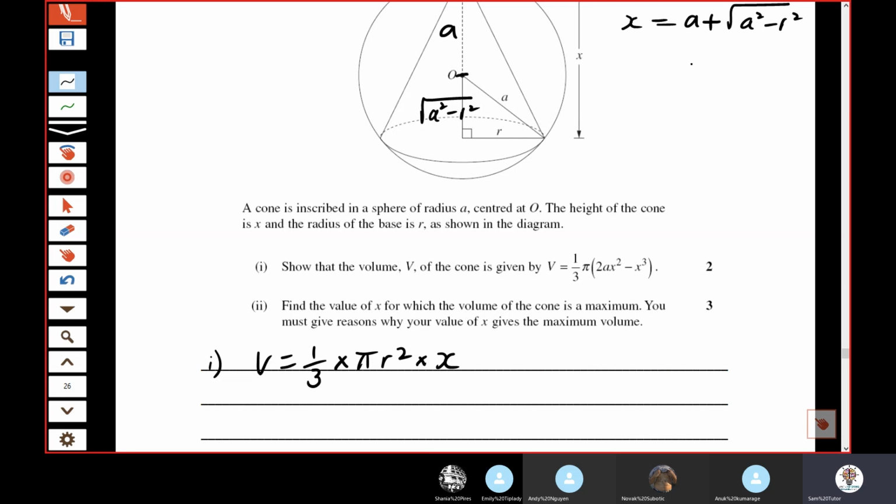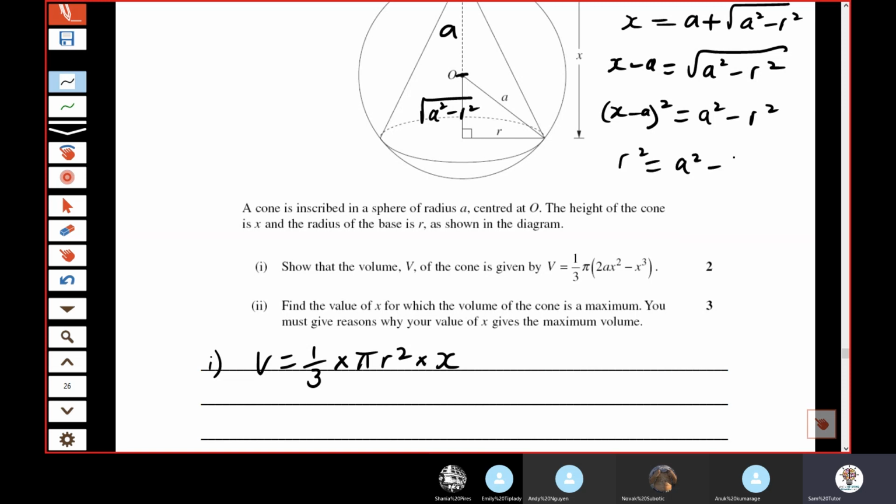So you're going to make r the subject. So that means you would go and do x minus a equals square root a squared minus r squared. x minus a all squared equals a squared minus r squared. And lucky last, r squared equals a squared minus (x minus a) squared.